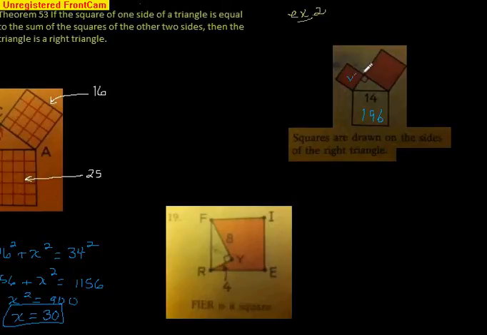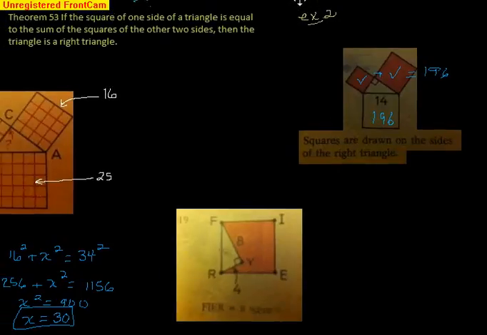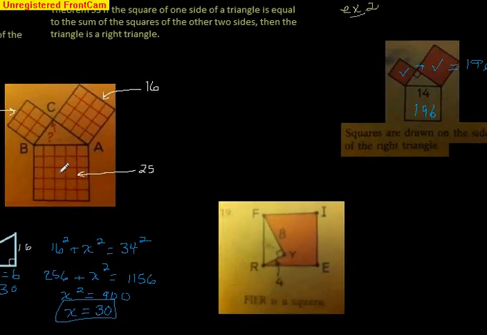We know that this plus this has to equal 196. I think it's a little confusing. You can see here, this square and this square, if you add those two up, 9 and 16, you're going to get the big one. So we figured out the big one, so we knew that the two red ones added together is 196. I hope that made sense.